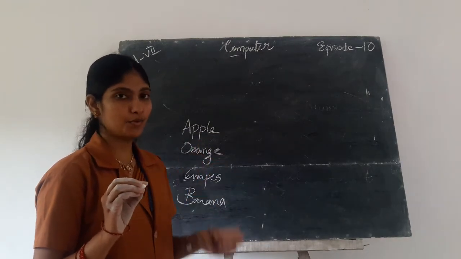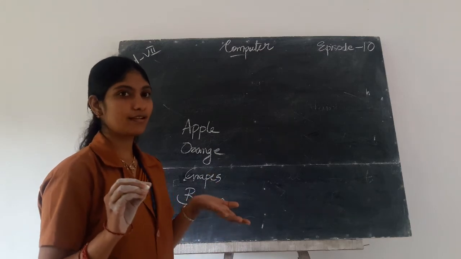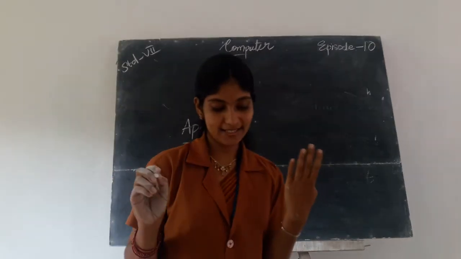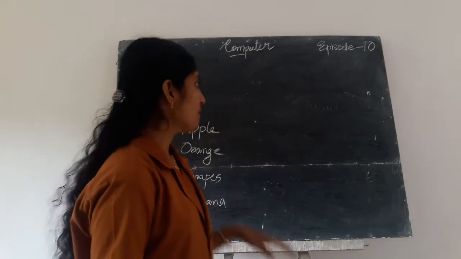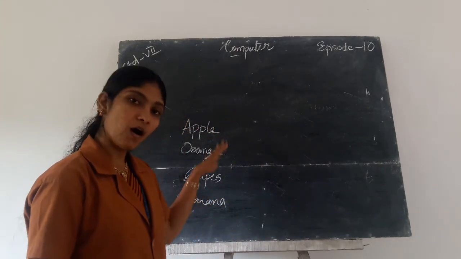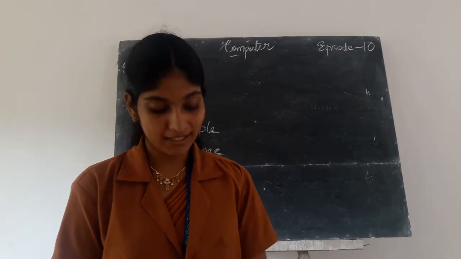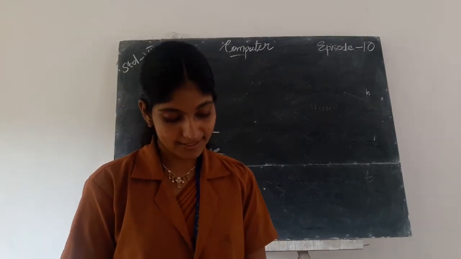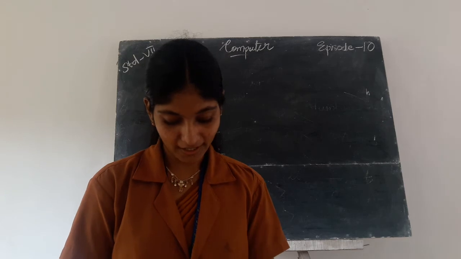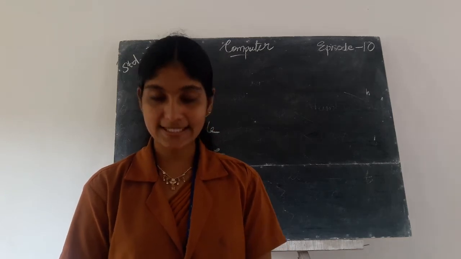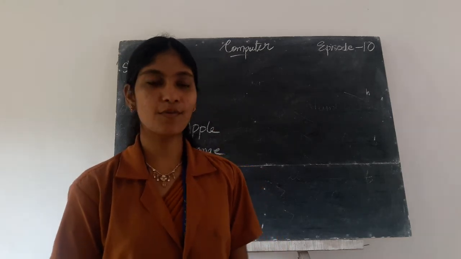That means 1, 2, 3 or A, B, C, D, etc. By default, an ordered list starts from 1. Then next 2, next 3, next 4, etc.